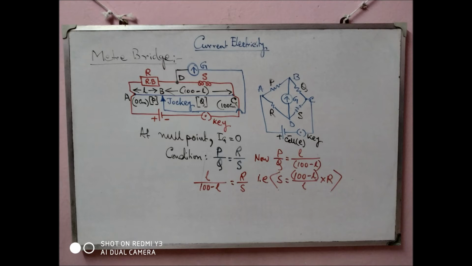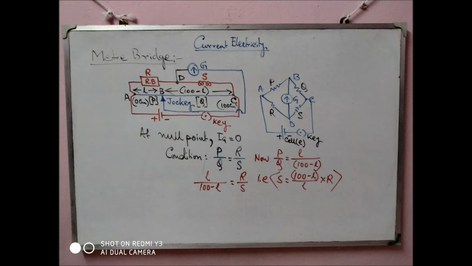So what type of material do we use? Here we use a special type of alloy, and the name of the alloy is either constantan or manganin. So either constantan or manganin, not both, is used. Clear?